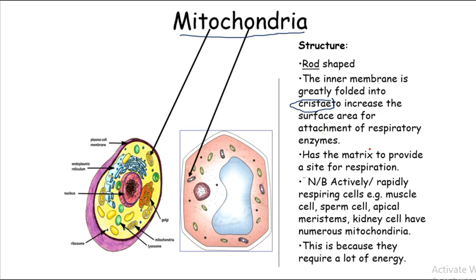Then it has a matrix, and the matrix is the fluid found inside the mitochondrion, and it provides a site for respiration. And a point to note, actively or rapidly respiring cells, for example, muscle cells, sperm cells, apical meristems, kidney cells, have numerous mitochondria, and that is to provide energy for the functioning of these cells because they require more energy.